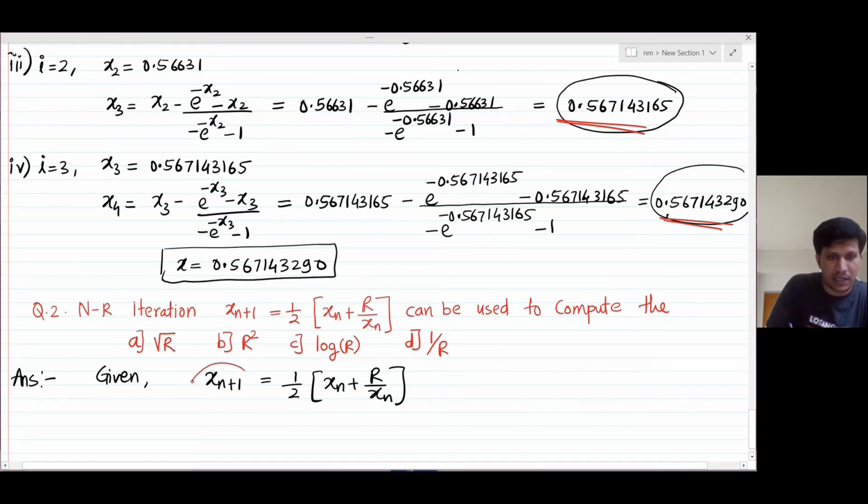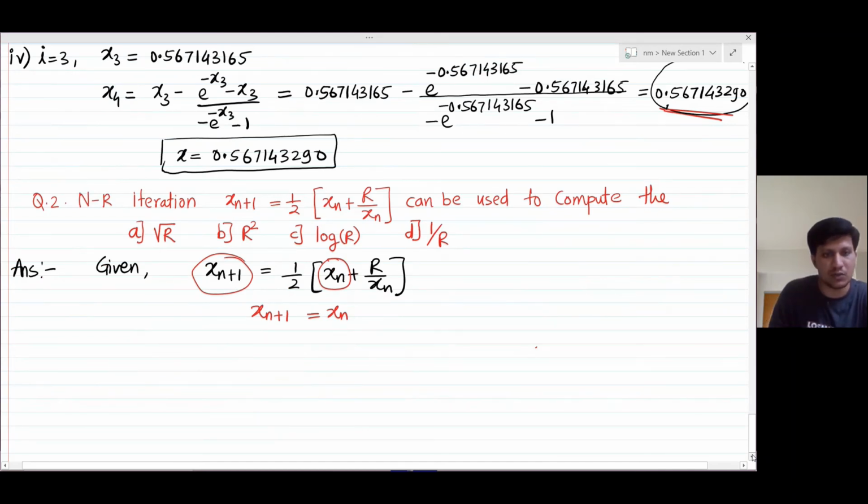Similarly in this case, we say that this iteration is converging when xn plus 1 is equal to xn. In that case we can say that the iteration converges to the solution. So we can put this condition for convergence.